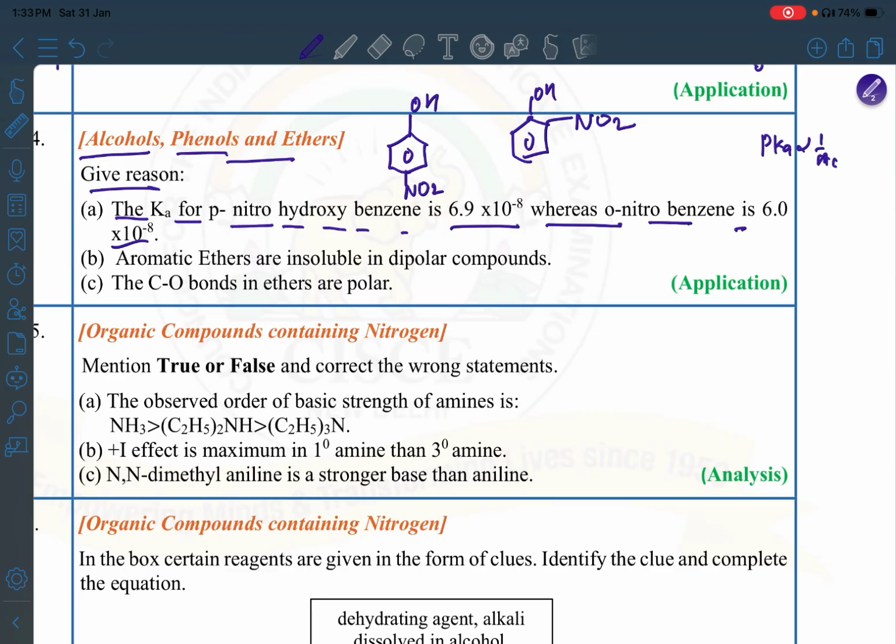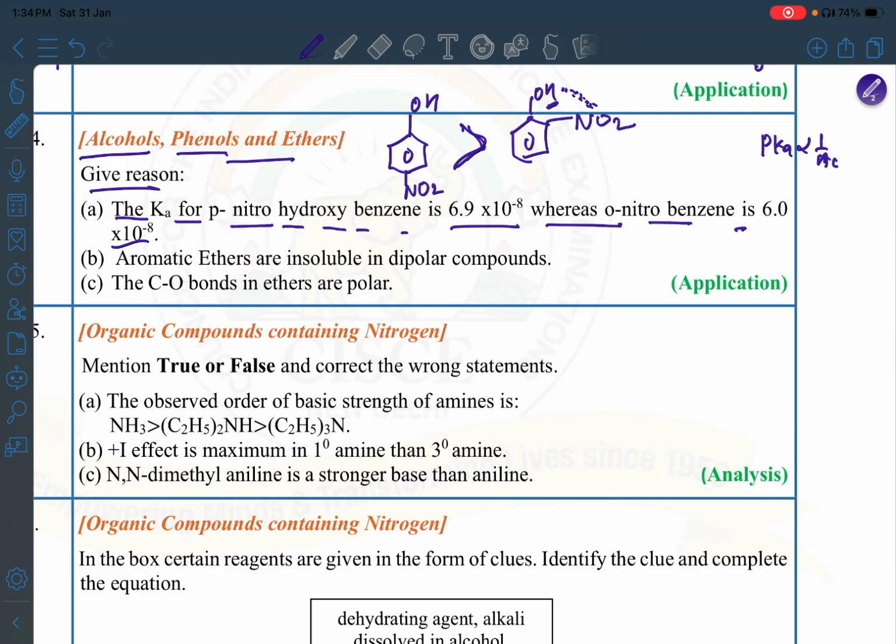As we know, the acidic strength of paranitrophenol is greater than orthonitrophenol because there is intermolecular hydrogen bonding which technically associates this hydrogen and keeps it busy, so it is not easy to donate this hydrogen. That's why this has a higher value of pKa.